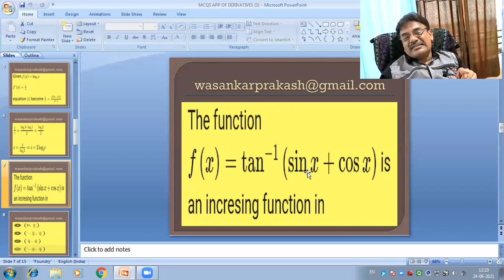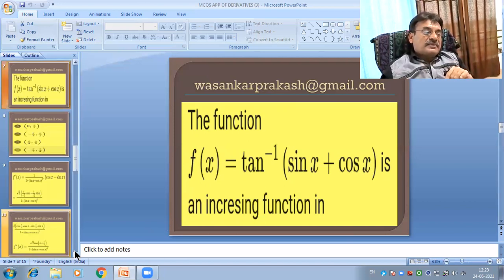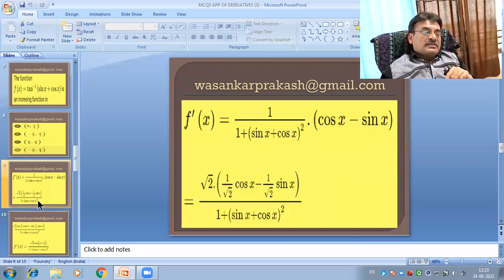And d by dx of sin x plus cos x, use the addition rule: d by dx of sin x is cos x, d by dx of cos x is minus sin x. Therefore 1 upon 1 plus sin x plus cos x whole square into cos x minus sin x. And this is the first order derivative, that is f dash of x.